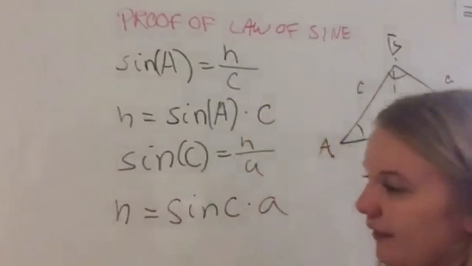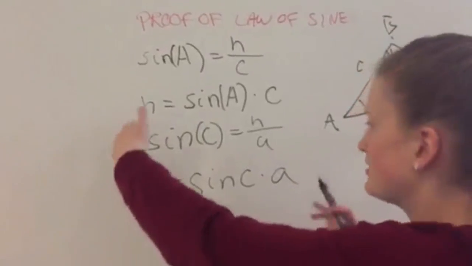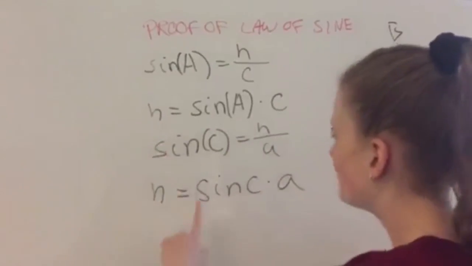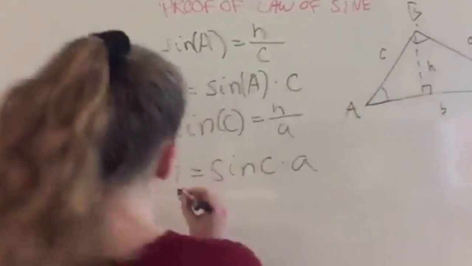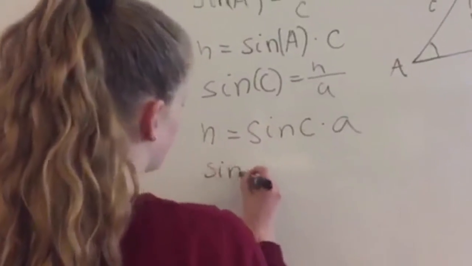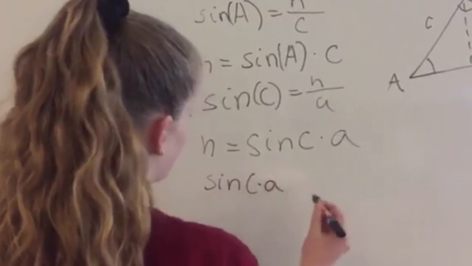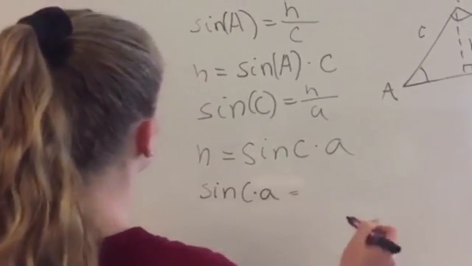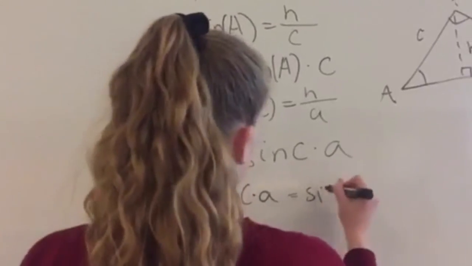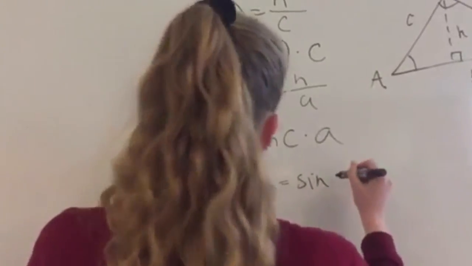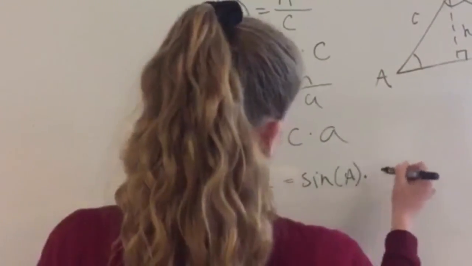And because they both equal h, I'm talking about these two, we can set them equal to each other, so it'll be sine C times a equals sine A times c.